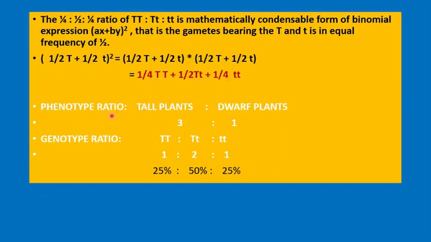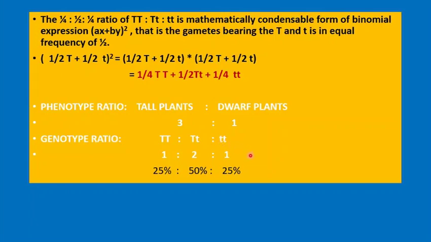So what is the phenotype? Phenotype is external expression. So tall plants and dwarf plants, the phenotype ratio will be 3:1. Genotype will be capital T capital T, then capital T and small t, and small t and small t. So the ratio will be 1:2:1, or in percentage you can see 25% of the homozygous tall, then 50% of heterozygous tall, capital T and small t, and 25% will be the homozygous recessive.